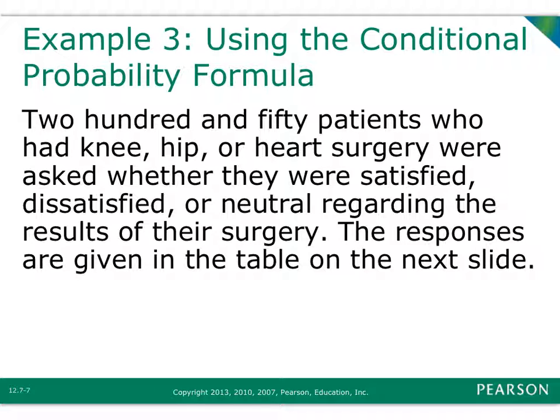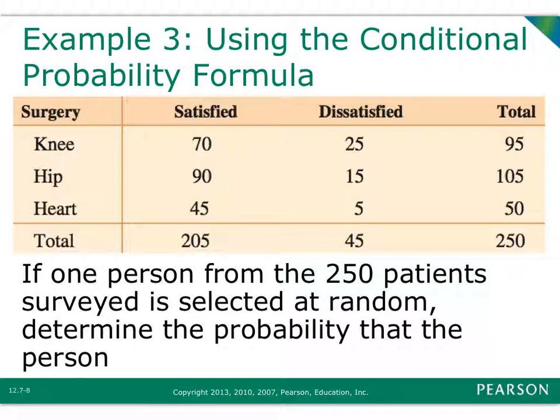250 patients who had knee, hip, or heart surgery were asked whether they were satisfied, dissatisfied, or neutral regarding the results of their surgery. The responses are given in the table on the next slide. So this is what we call a contingency table, and we see that it is broken up into two variables, both of which are qualitative.